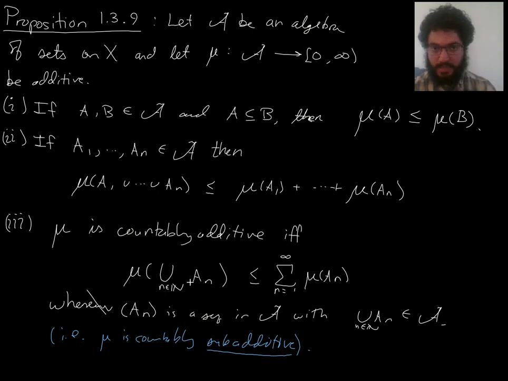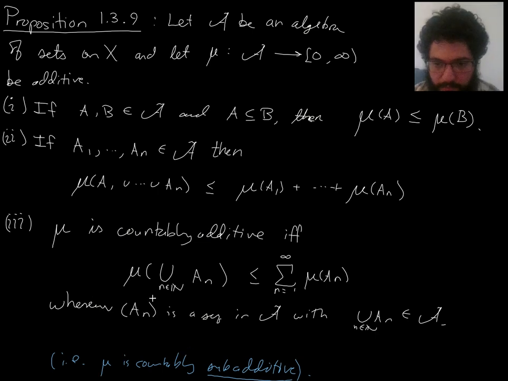In the extended real number line, you will find, to no surprise, that every real number is less than or equal to infinity. That case is trivial, so how about we just leave it out so that we don't have to even talk about it. I think leaving it out will make this proposition no weaker, really. So countable subadditivity is this inequality whenever A_n is a sequence in there, with the union in there, and with this series converging.